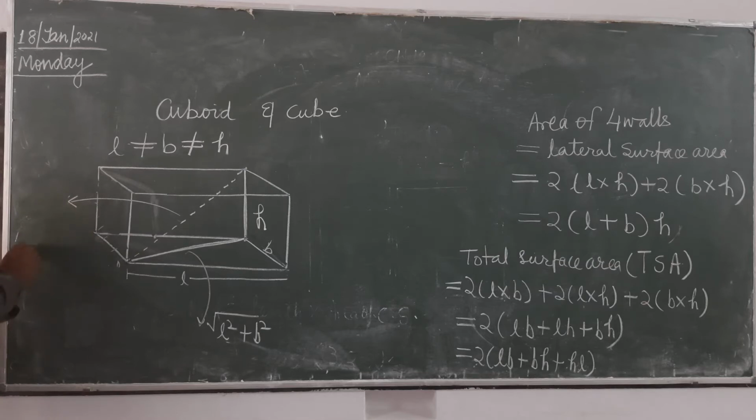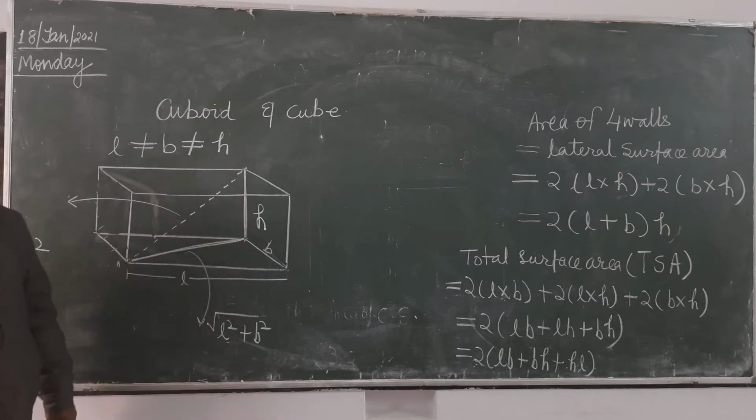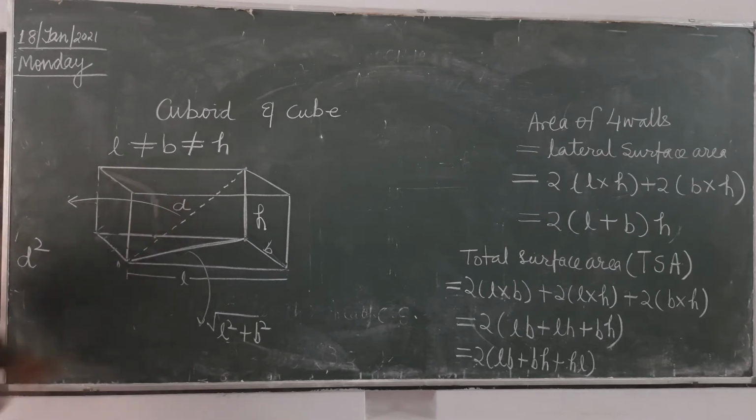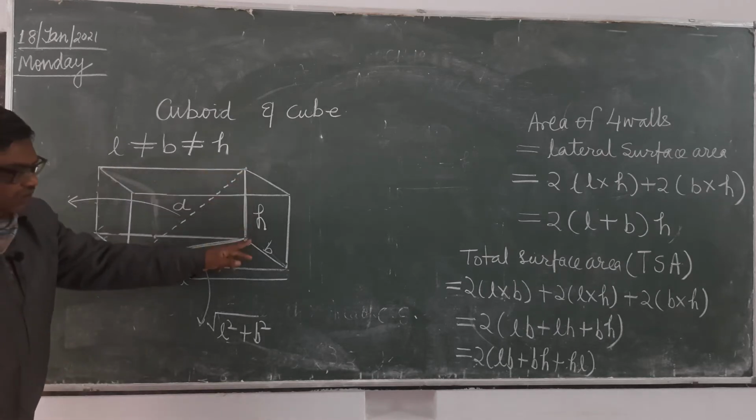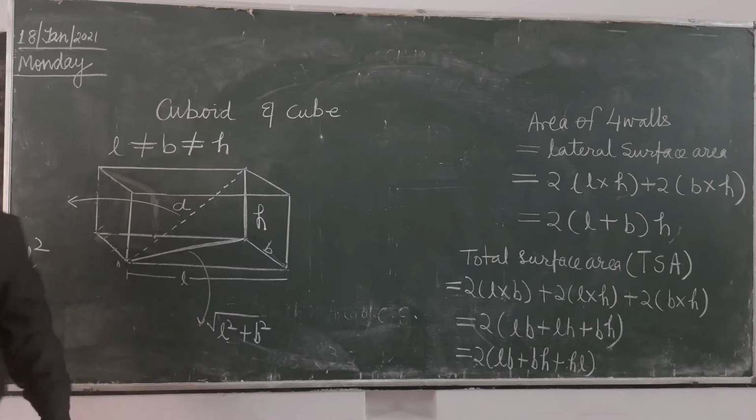So what will be the diagonal? Because this angle will also be 90, this is the diagonal whose length is D. D square will be equal to H square plus this square. And what is this square? When you do the square, the square root will be removed.